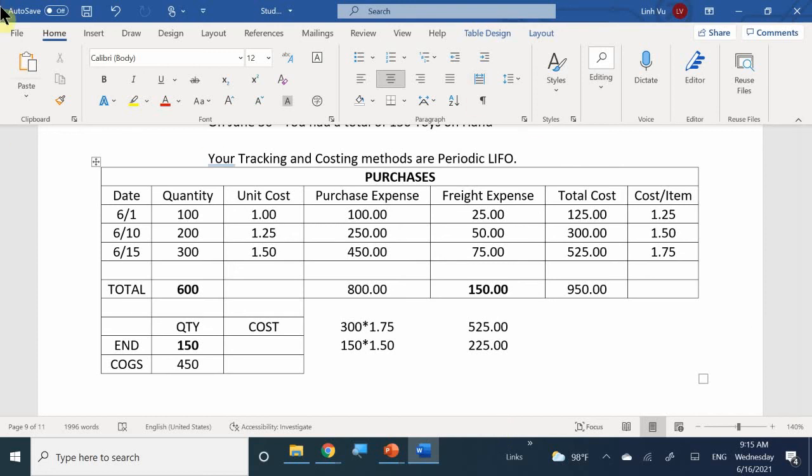And 150 times $1.50 gets me to 225. So what's my grand total that I sold? 750. If I sold a total of 750, what is my ending balance? 200. You take the 950 minus 750 to get 200.